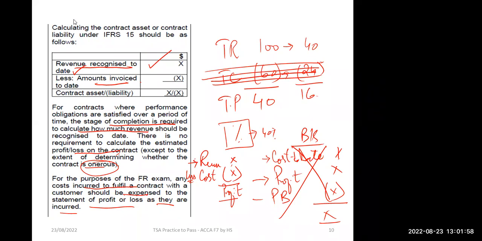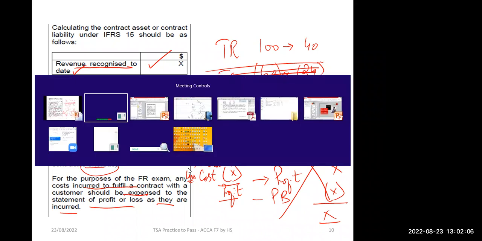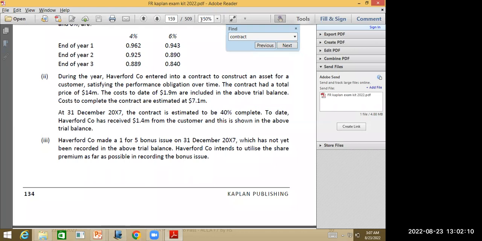So there are some questions. 1.7. Why didn't we take 1.7? So where is 1.7 million? 7.1 million is the estimated cost to complete the contract.